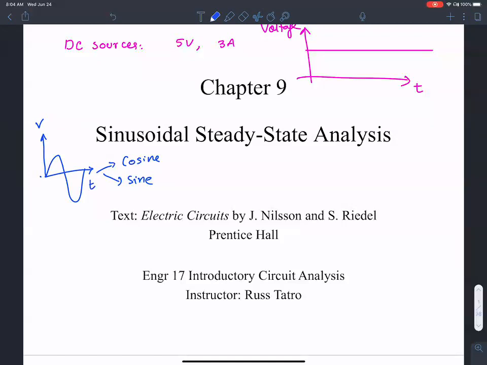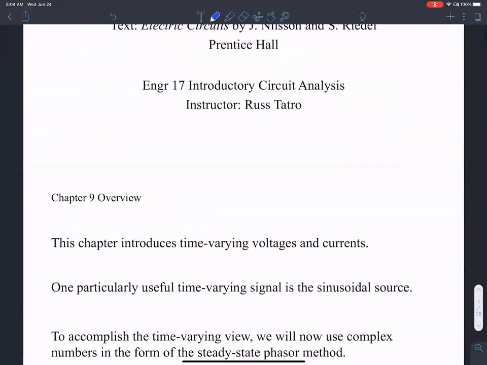So that's the idea. How does my circuit behave or respond when it is subjected to a time varying input? As a running example, as a stand-in for time varying inputs, we use the sinusoid.